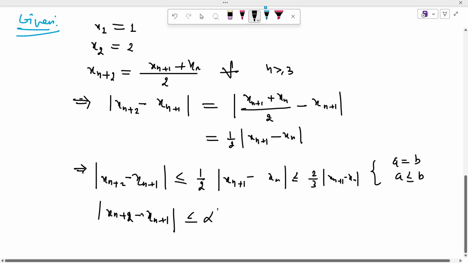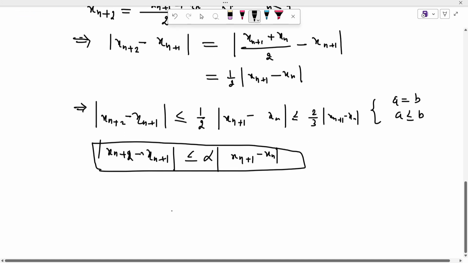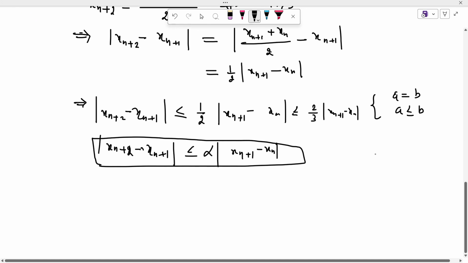So this is alpha times |x(n+1) minus x(n)|. So this follows the criteria for a contractive sequence, for all n greater than 2.